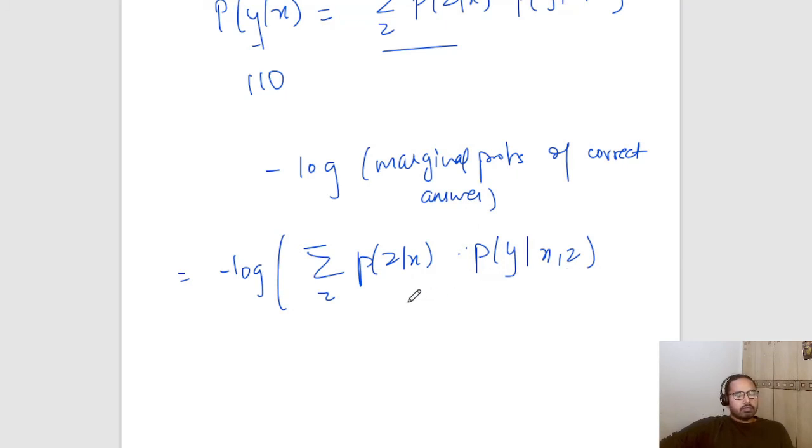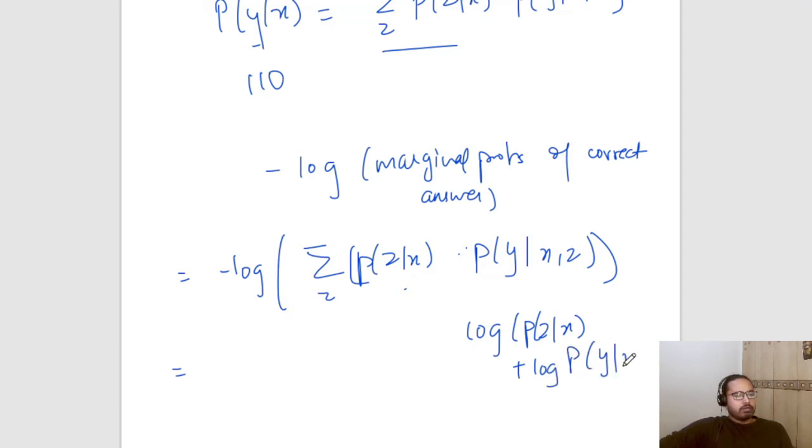Generally, the probabilities involved here are very small numbers, so we try to avoid multiplying them. This entire thing is actually done in log space. So if we take the log of the product, it simply becomes log of p of z given x plus log of p of y given x and z. And since we are taking logs, we then have to take an exponential here so that the values are numerically correct.